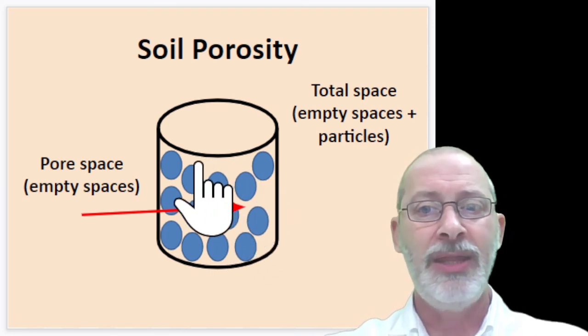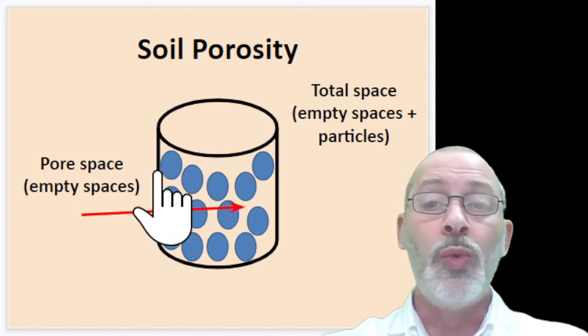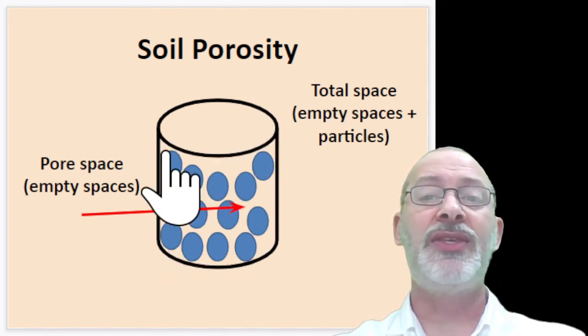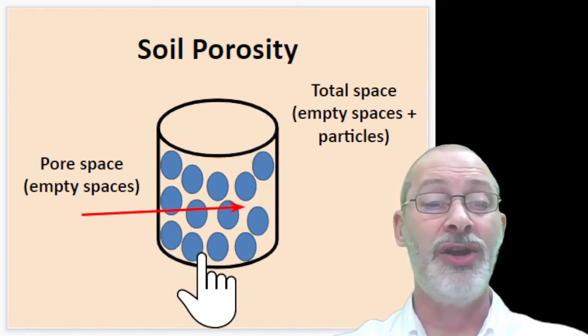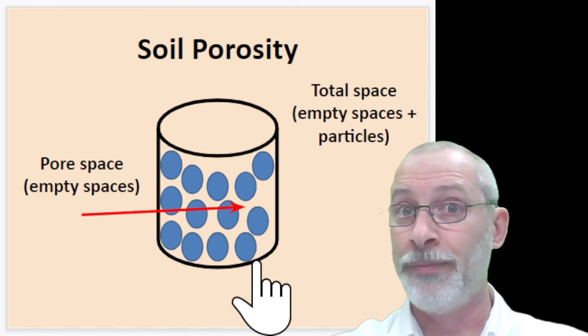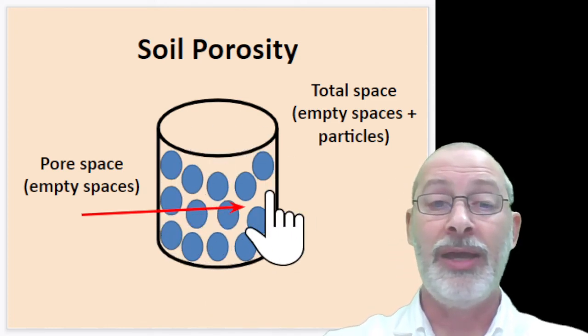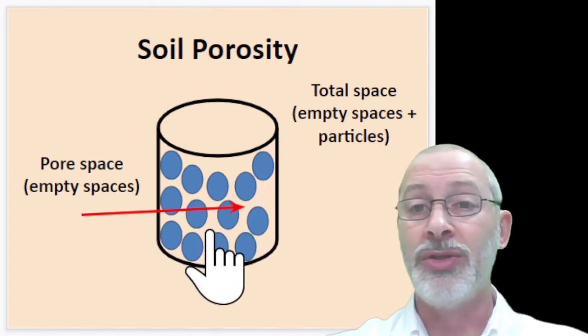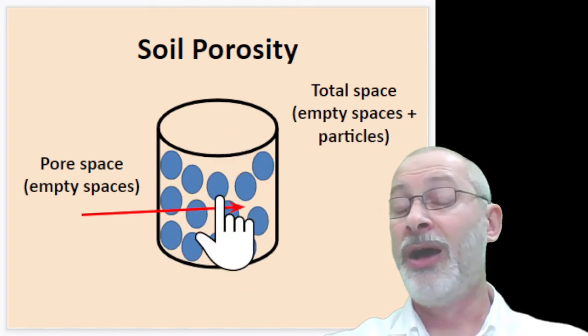Think about it. The empty space plus the particles would equal the total space that this container encompasses. So if we have a container of a known volume, which is what we will have, and we know what the volume of the particles is, we can do a simple subtraction and determine how much empty space is in there.